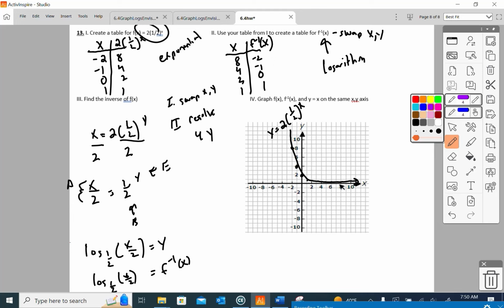When x is 8, y is negative 2. When x is 4, y is negative 1. When x is 2, y is 0. When x is 1, y is 1.